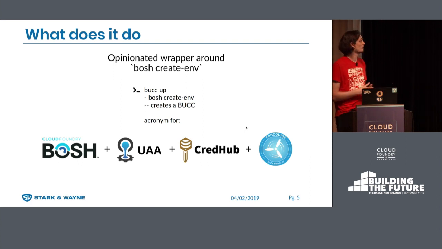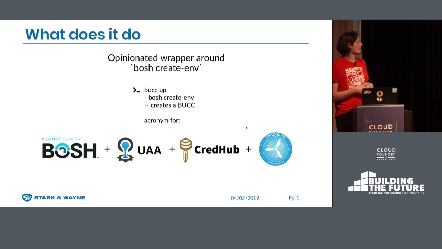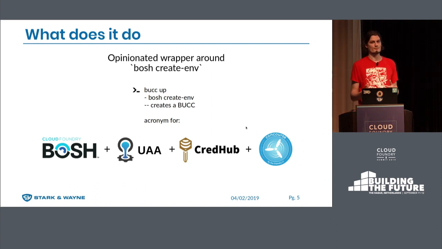The components of BUCC, what are those? So BUCC is actually an opinionated wrapper around BOSH create-env. So you can use the BUCC CLI to do a BUCC-up, which calls BOSH create-env, which will create a BUCC, a capital BUCC, which is an acronym for BOSH, UAA, Credhub, and Concourse.